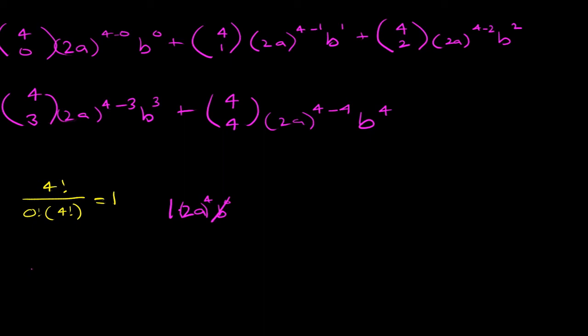So this is actually 16a to the power 4. So the next one is 4 choose 1, which is just 4 factorial over 1 factorial times 3 factorial. So this leaves us 4. So you have a coefficient of 4 times 2a to the power 3 times b.